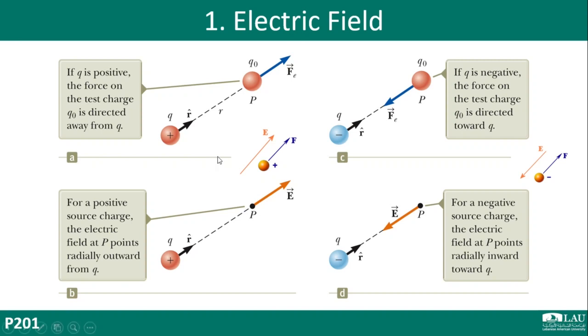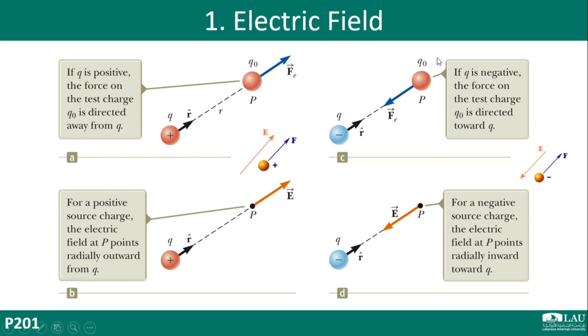Let's take the first case. Q is positive. The force on the test charge is directed away from Q, because it's a repulsion. So the source Q is positive and the electric field is directed outward, so it has the same direction as F. F and E have the same direction in this case. So every time you have a positive charge, the electric field is directed outward.